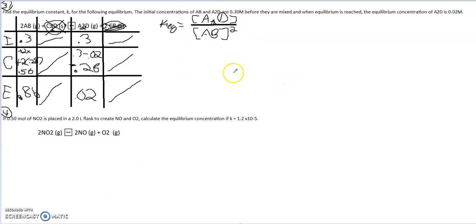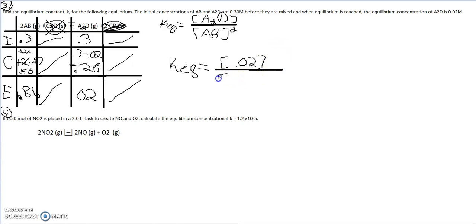So over here, we're going to rewrite Keq equals our products over our reactants, just like we did before. So our products over here, that is going to be our 0.02. Once again, not at all raised to an exponent.